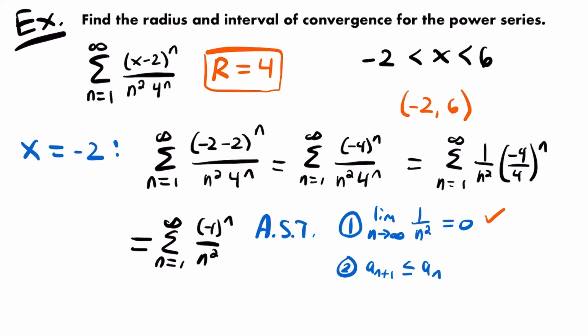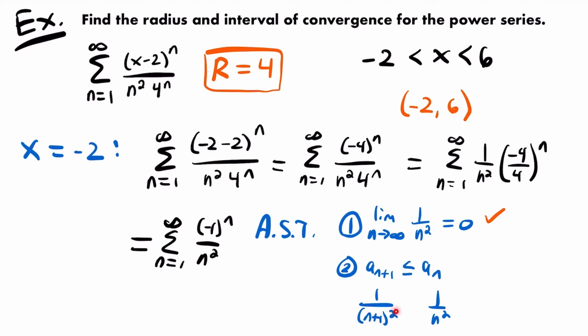Well, a sub n plus 1 will be 1 divided by n plus 1 squared, and a sub n is just 1 divided by n squared. And so will this term always be less than or equal to this term? Well, if we look at the denominators, we have n plus 1 squared versus n squared. This denominator is always going to be bigger than this denominator because we are squaring a value that is 1 bigger than n.